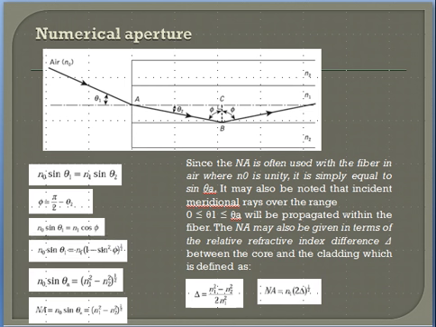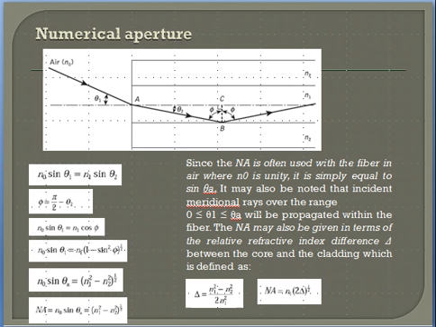When the limiting case of total internal reflection is considered, psi becomes equal to the critical angle for the core cladding interface. Therefore the equation can be rewritten as n0 sin theta a equal to (n1 squared minus n2 squared) whole power 1 by 2.